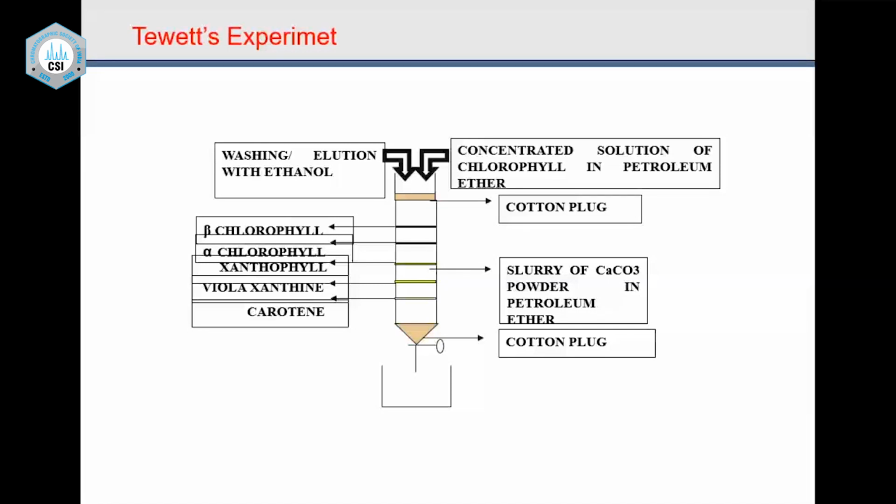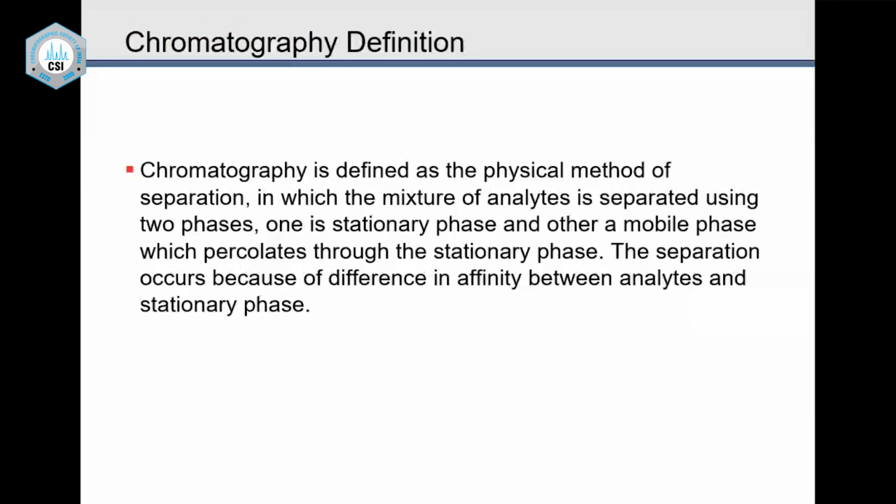So we can define chromatography as a physical method of separation in which the mixture of analytes is separated using two phases. One is a stationary phase, like this chalk powder, and the other is a mobile phase, like petroleum ether, which percolates through the stationary phase. The separation occurs because of difference in affinity between the analyte and the stationary phase.